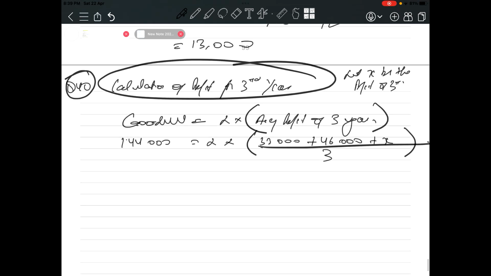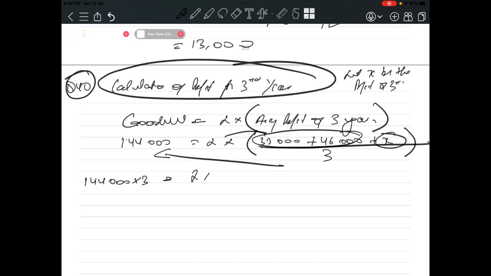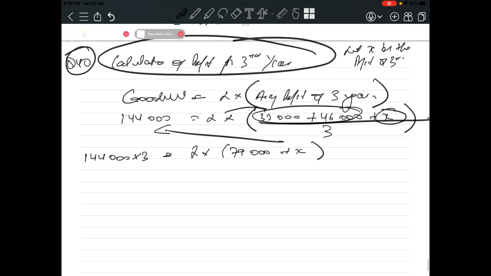Now, 144 will be multiplied by 3, and the other side will be multiplied by 2. 33 plus 46 is 79. So 2 into 79,000 plus X. If you multiply 144,000 into 3, we get 4,32,000, and 79 into 2 gives 1,58,000, plus 2x.